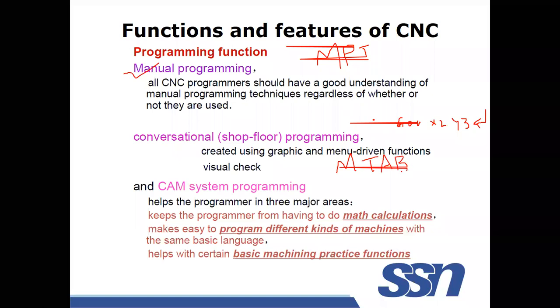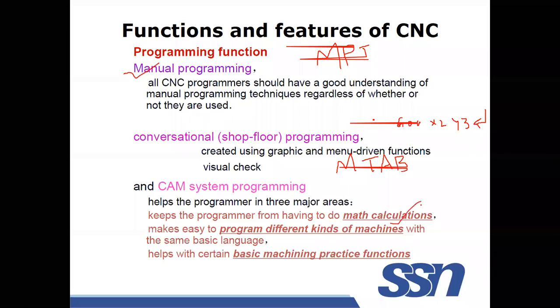They have developed their own system, basically a CAD system. Depending on the profile, the system will generate G codes and M codes. If you feed it, then automatically you can perform whatever machining operation you want. So here the CAM system is operating.